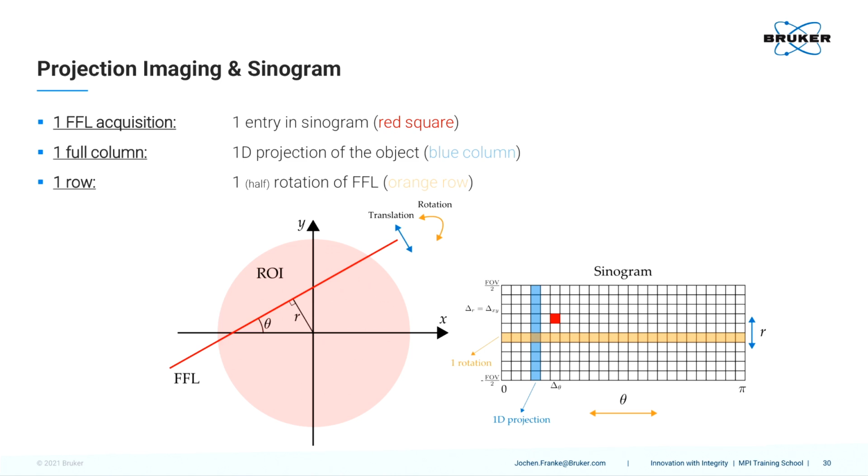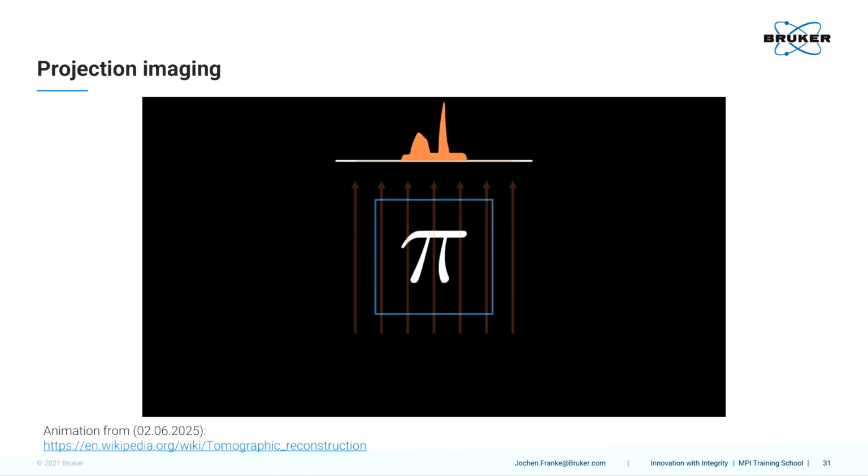Okay, and by changing the angle, we measure the next column, and so on and so forth, until the entire sinogram has been filled. One row, the orange row, is a fixed distance to the origin with all the different angles.